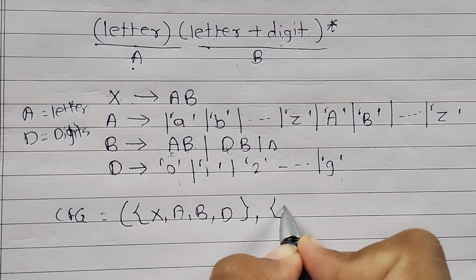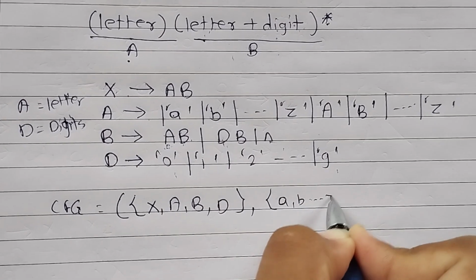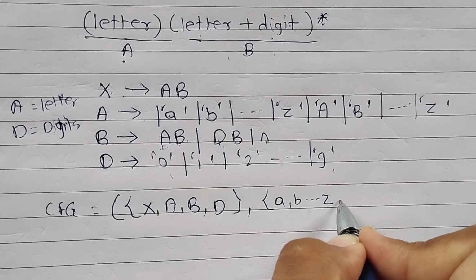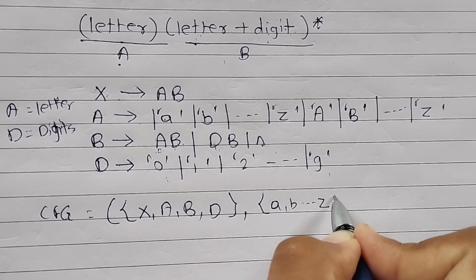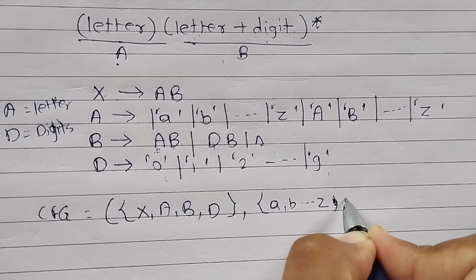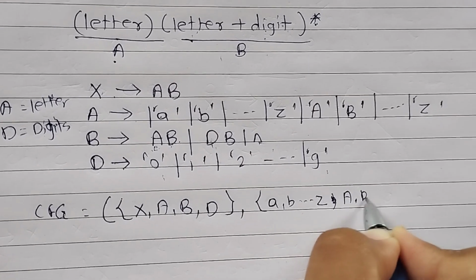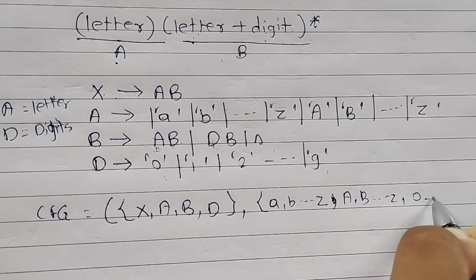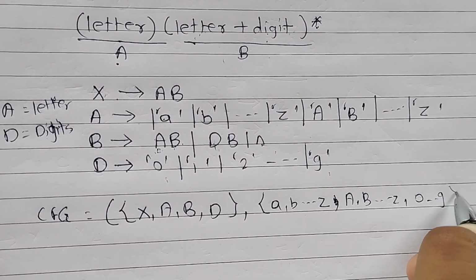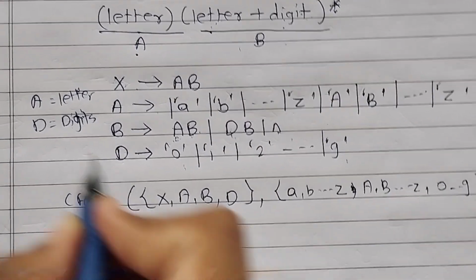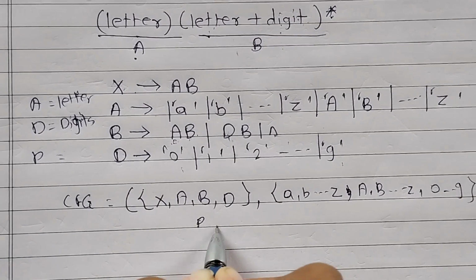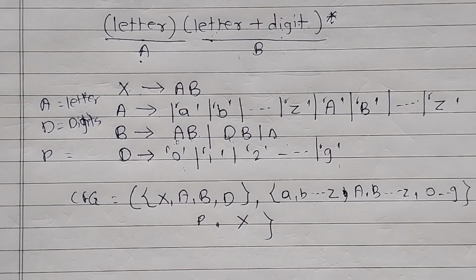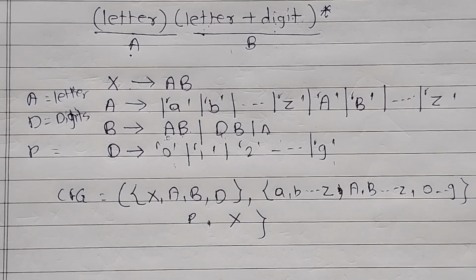Inputs are a, b up to z, or a, b up to Z, or 0 to 9. And production is this P, and starting is X. So this is our final CFG. I hope you all get an idea about this.